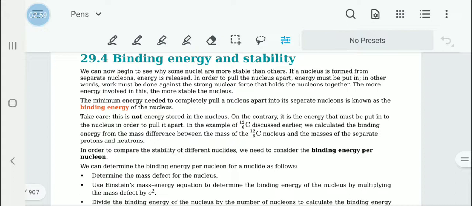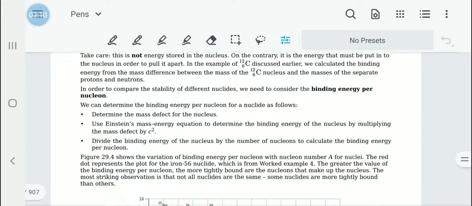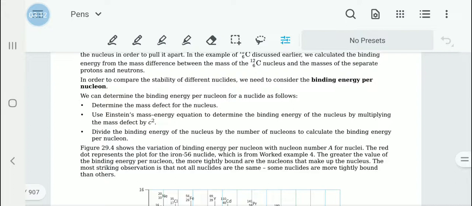This is the way to determine the binding energy per nucleon for a nuclide. We determine the mass defect for the nucleus. You know how to calculate that; we discussed it earlier.